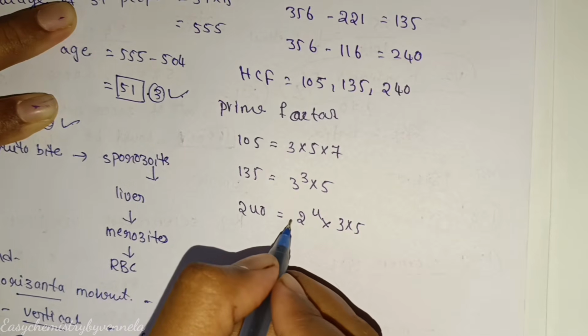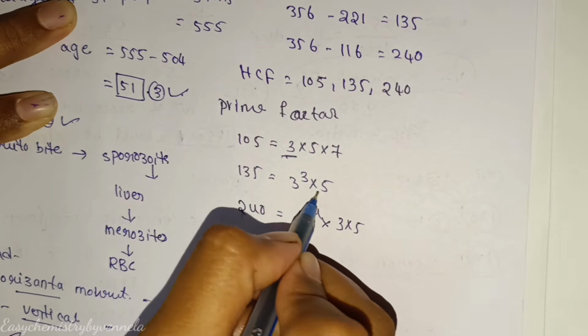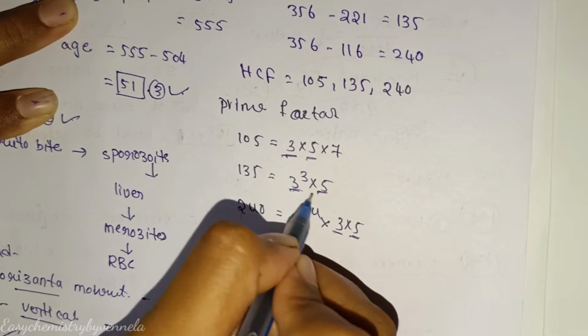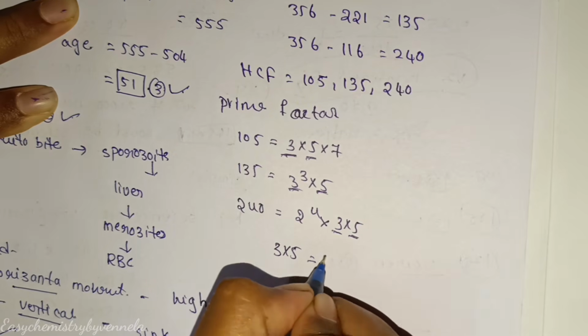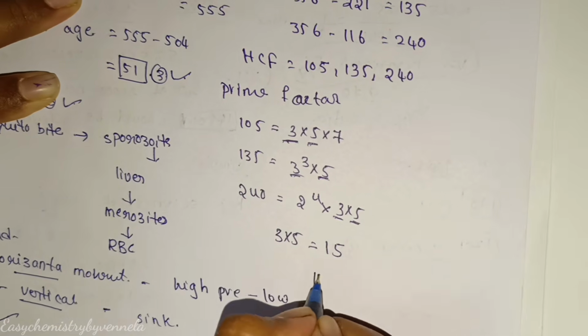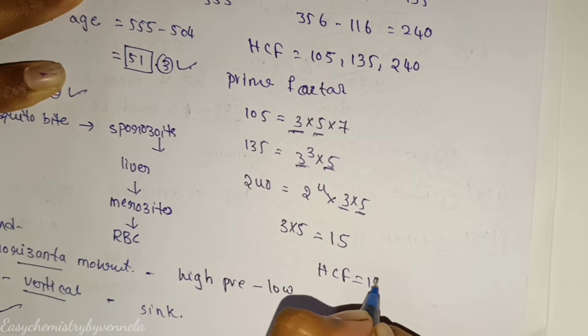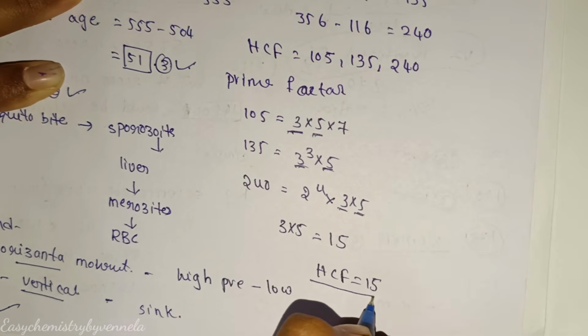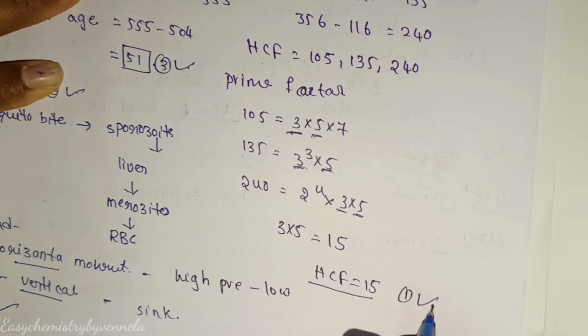So the common factors are 3 and 5. These are the common factors. So 3 into 5 is equal to 15. HCF is equal to 15. So this is the final answer. The correct option is the first one.